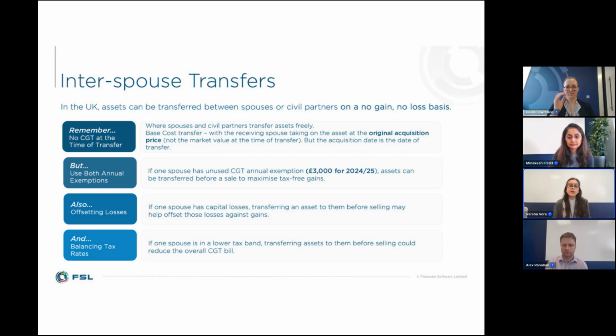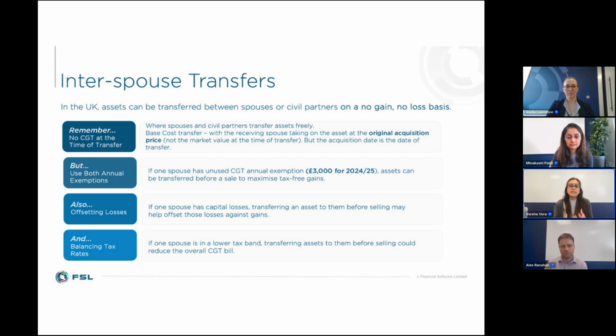So for instance, if spouse one has used their annual exemption and hasn't got any gains, but spouse two hasn't used their annual exemption, from a tax planning perspective, you may decide to do an interspousal transfer in order to then make the disposal in the second spouse's name to make use of their annual exemption or any losses that they may have made as well.